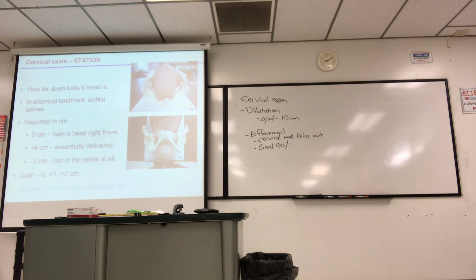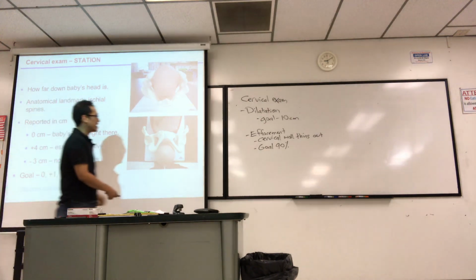The other thing you can feel is the position of the baby's head relative to an anatomical landmark called the ischial spine. You can palpate that inside there. It's basically how far down the baby's head is relative to the ischial spines. They call that station.